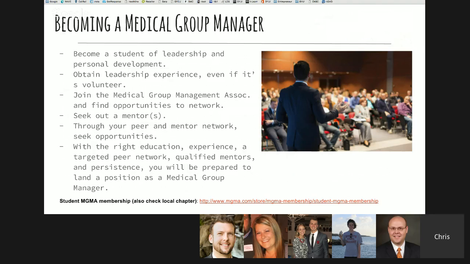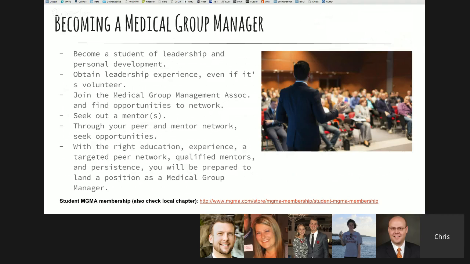So through networking and through your mentor network, you have opportunities to seek out employment, or, as mentioned before, opportunities to volunteer. And by growing and cultivating your network and providing value to them as well, they're going to be more willing to help you in your growth and your development.